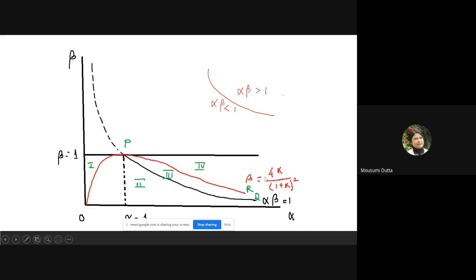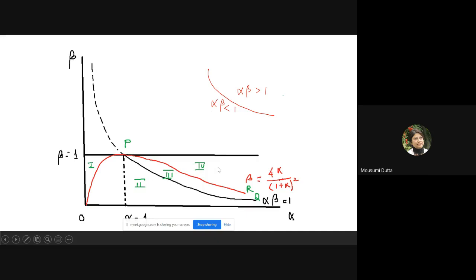However, beta is less than 4 alpha by 1 plus alpha whole square. So it's a different zone. Similarly, the part which is above this solid black line, that is alpha beta greater than 1, that also I'm dividing into two parts: one part below this red line and another part above this red line. So on the basis of the two equations, I can divide the relevant zone into four parts: 1, 2, 3, and 4.